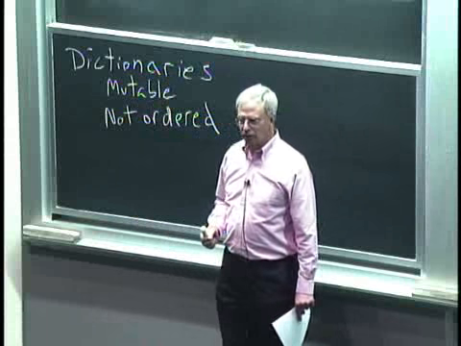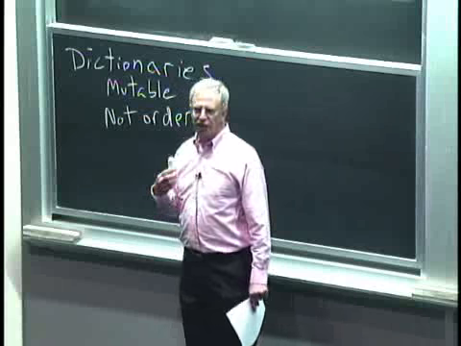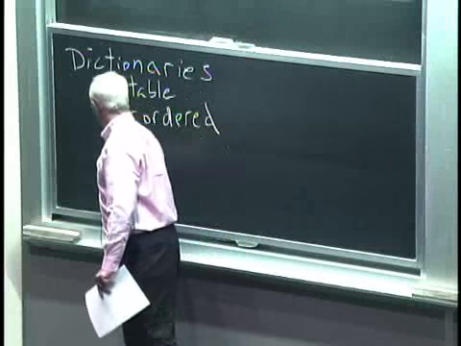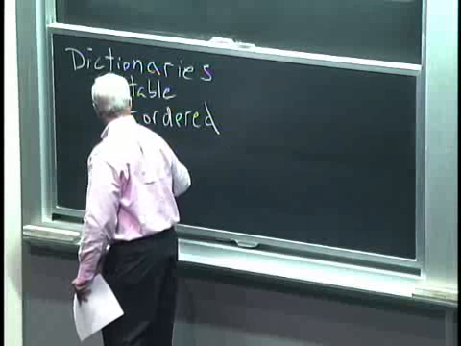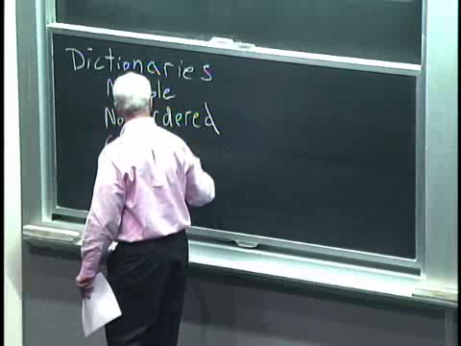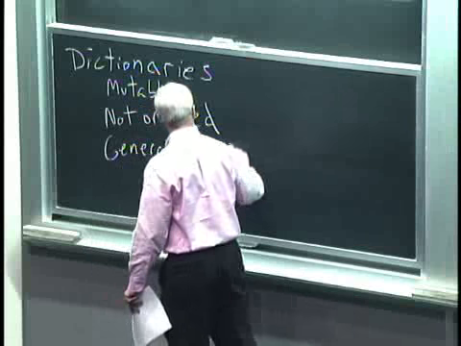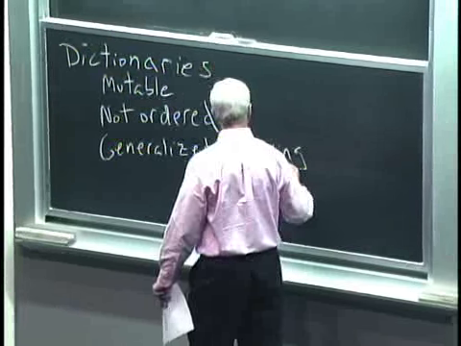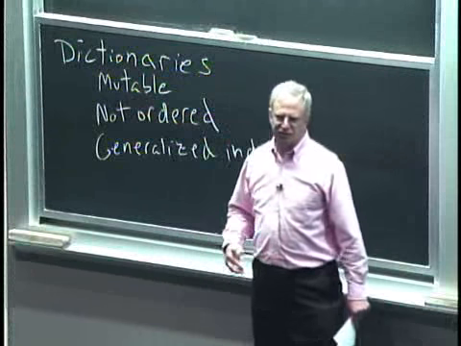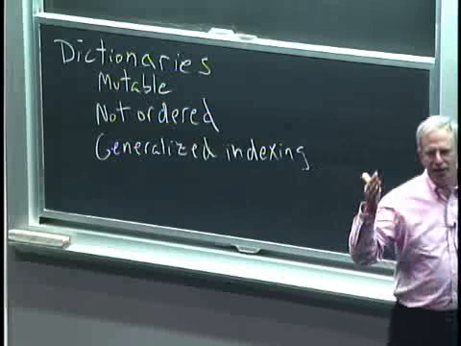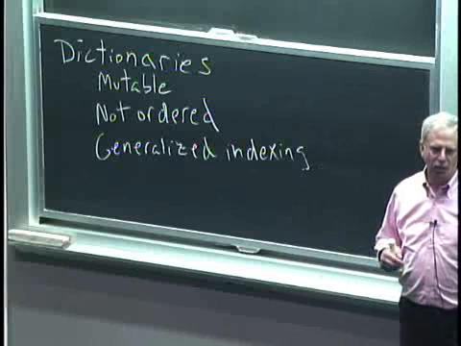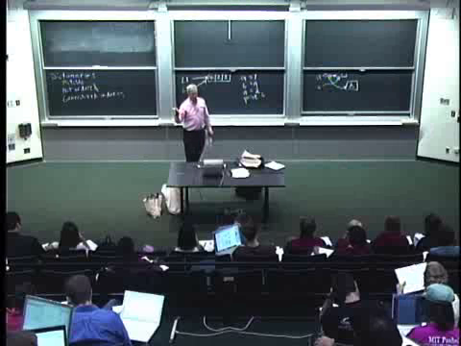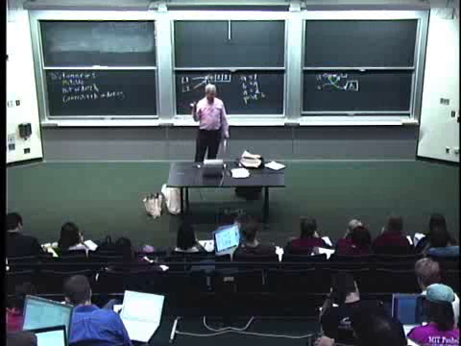And furthermore, we have generalized the indexing. So lists and strings, we can only get at elements by numbers, by integers, really.